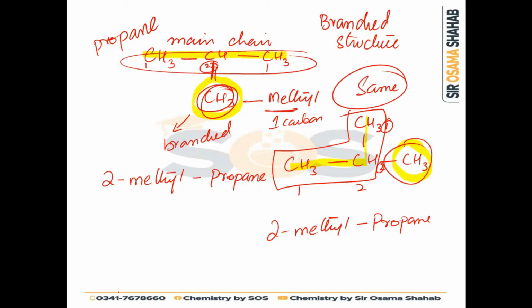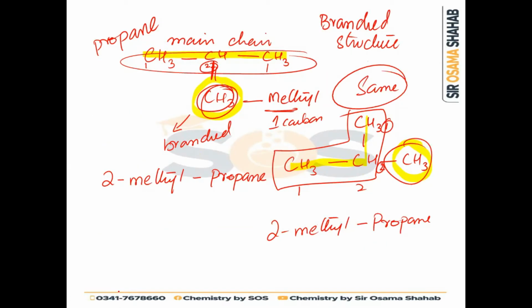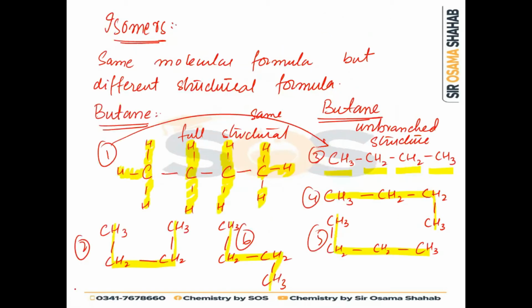Both are different from each other, but the structures on the same slide are the same. For example, these two structures are the same and these 5 structures are the same, but if we compare both of them, they are different. Okay, but the main thing is the molecular formula. The molecular formula for all these 5 structures is C4H10.